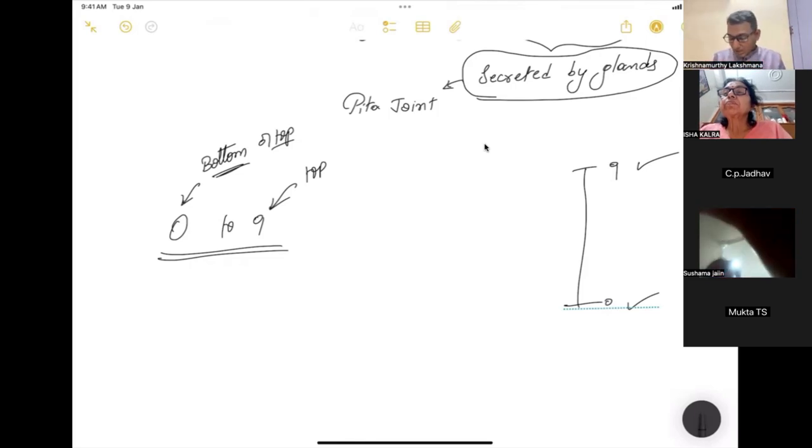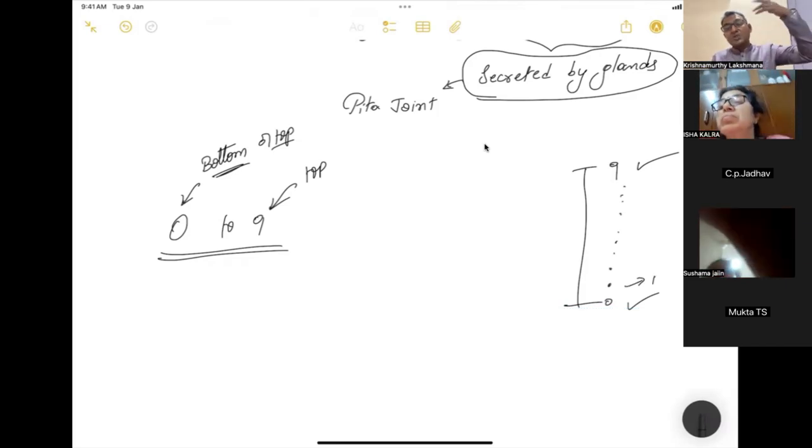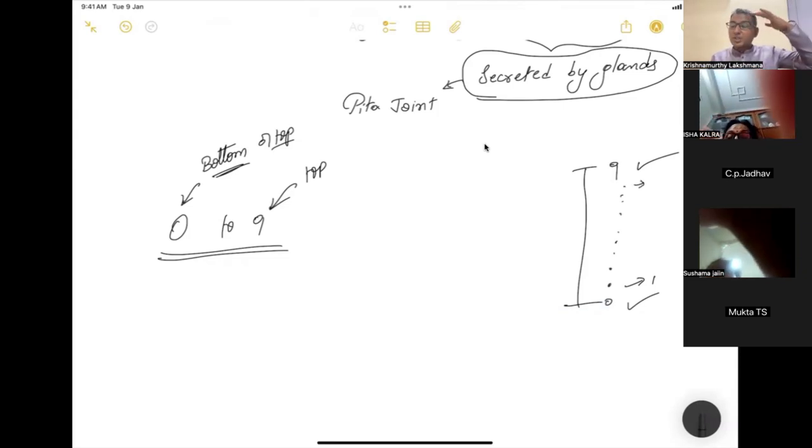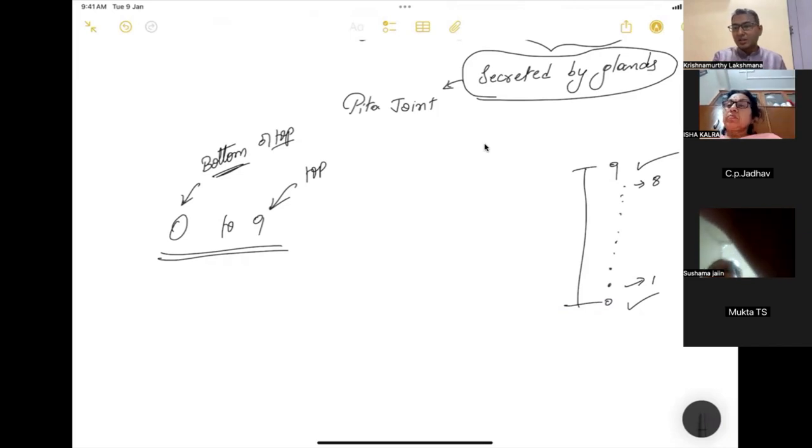So the physical location of the glands, starting from the bottom, whichever is at the bottom of the body, you will associate with 1. Whichever is at the top of the body, you will associate with 8.